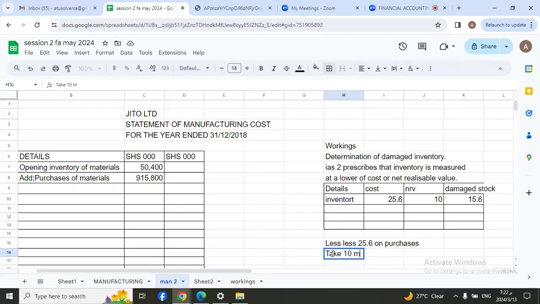Then take 10. Guys, this one is just for class purposes, but when you know it, for you in an exam, you go on to do exactly what you know to save time. But for classes, I just want you to understand. So we are saying take 10 million as other incomes.